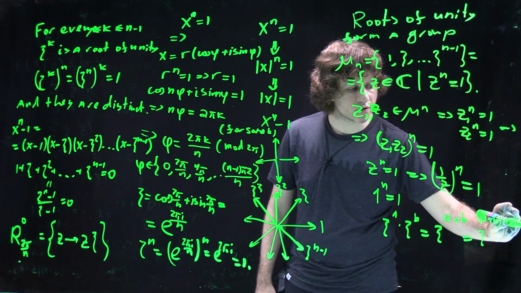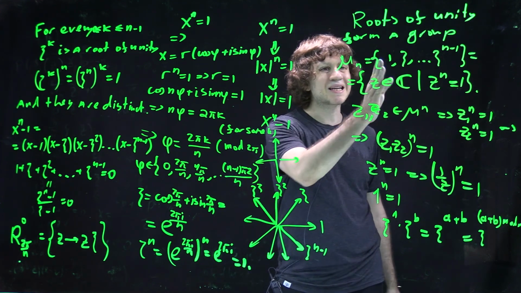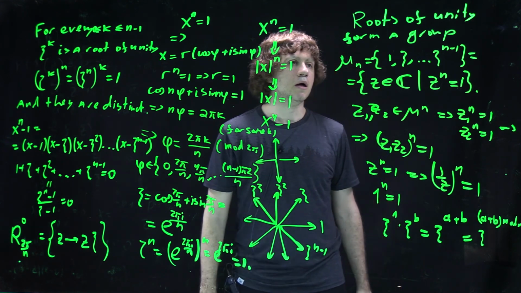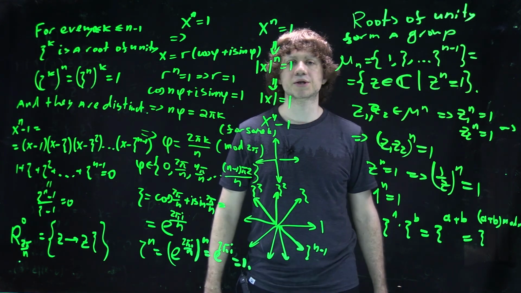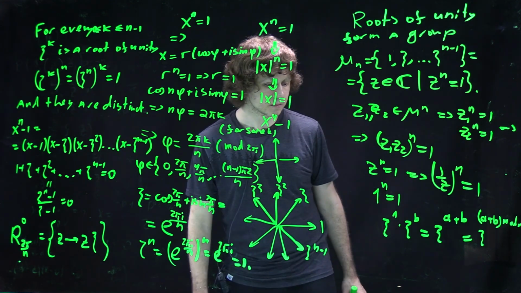So you can just take the remainder modulo n, and the power will be the same because zeta power n is 1. So actually this is just a copy of the group of remainders modulo n. And so this is maybe not that complicated a group after all.